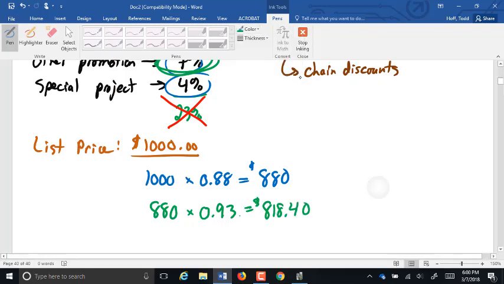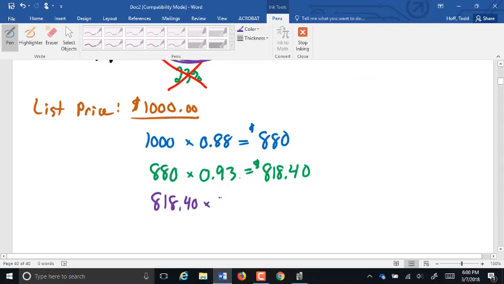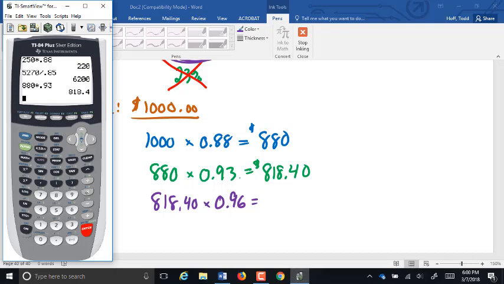And then we're going to take that $818.40 and apply this final 4% discount, which means the net rate would be what? 0.96. 100 minus 4 is 96. So times 0.96 is 785.66.